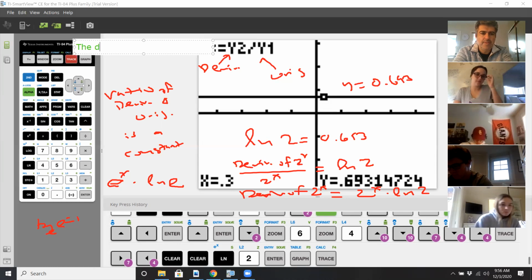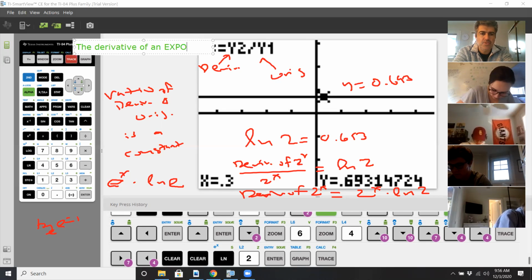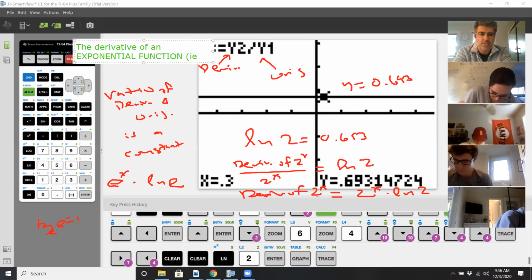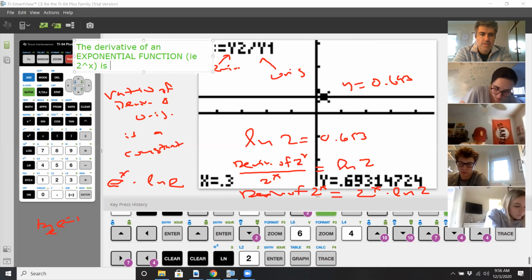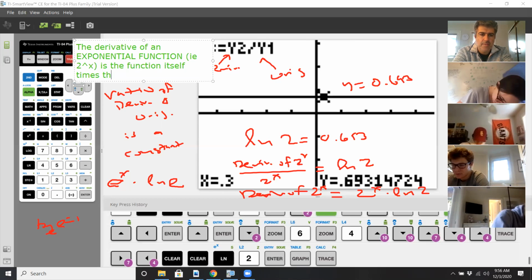The derivative of an exponential function, i.e. like 2 raised to the x, is the function itself times ln of the base. That's always true.